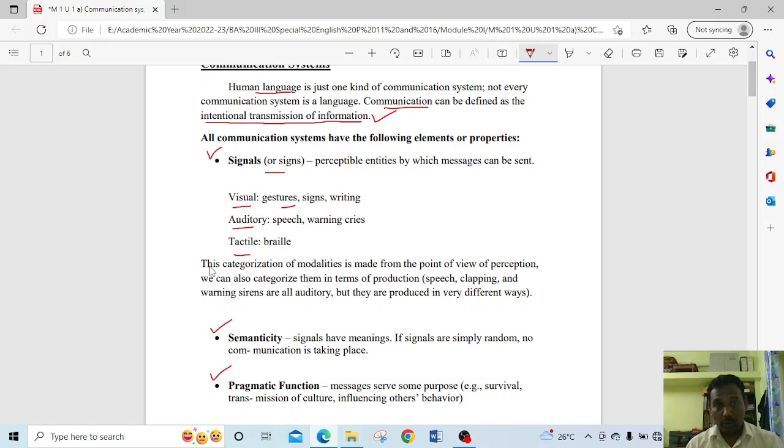Then you have auditory, and tactile, related to your touch. When your mother touches you warmly, it has some meaning of love and affection. So every communication system has signals in it, or signs.